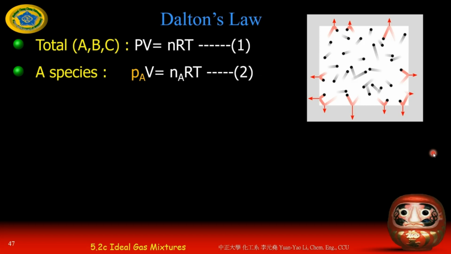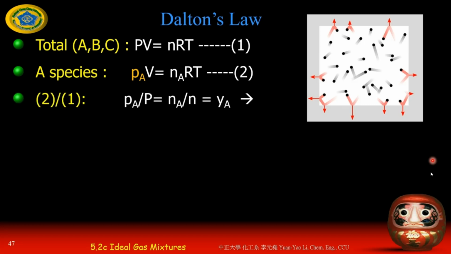Dalton's law tells us that if you divide equation 2 by equation 1, you can get something like this. And if you arrange this equation, you will get partial pressure A equals the molar fraction of A times the total pressure.